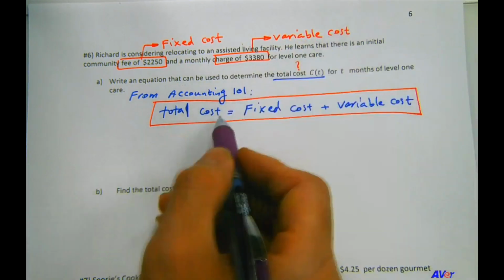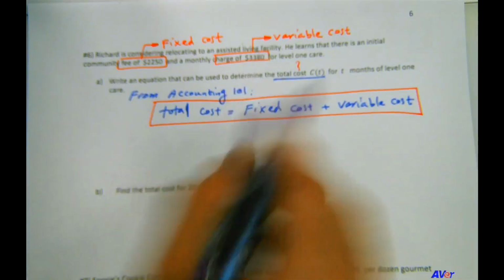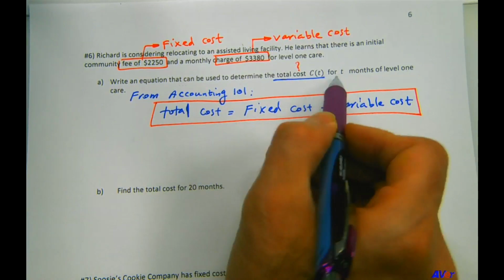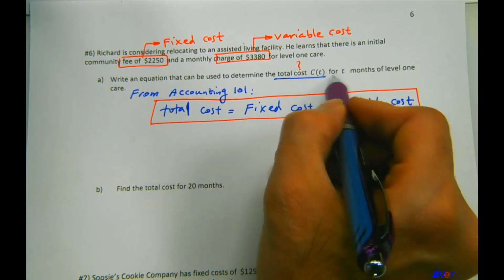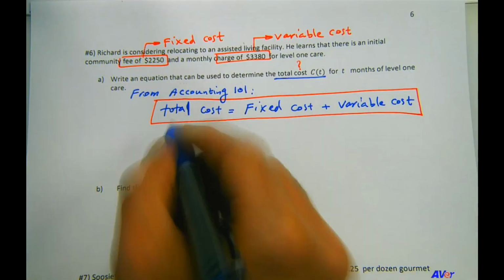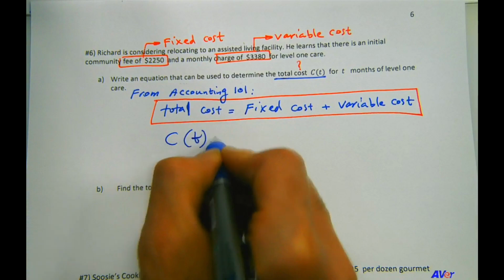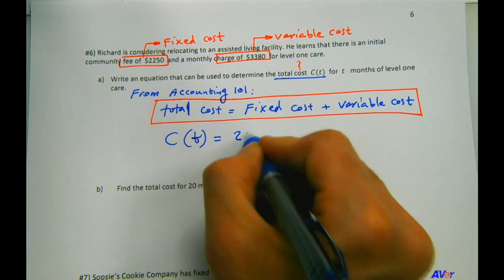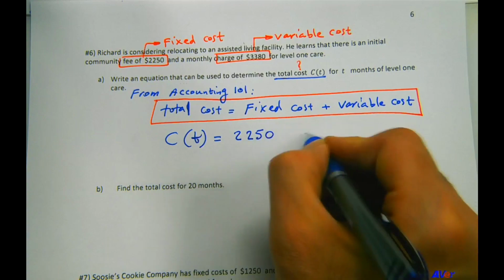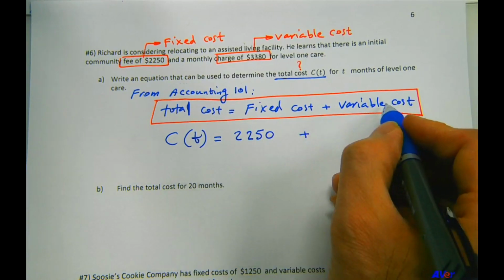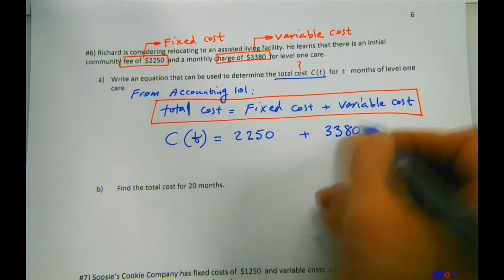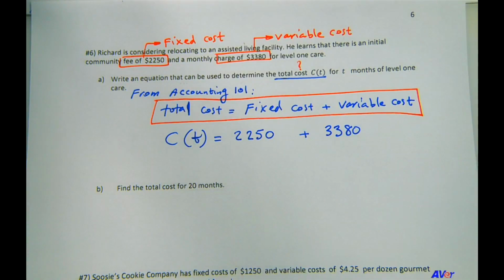So let's put that in an equation, keeping in mind they want us to use the T variable for months. I'm going to use the same variables they ask us to. So total cost, C of T, is equal to the fixed cost, $2,250, plus the variable cost, $3,380.